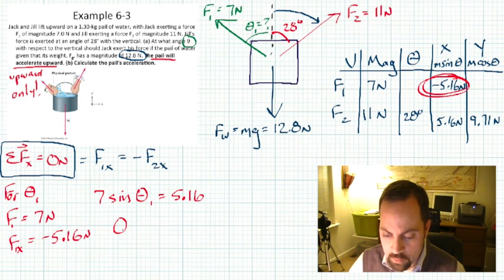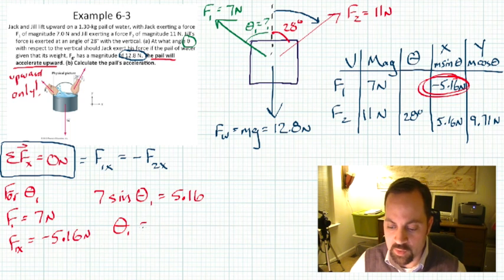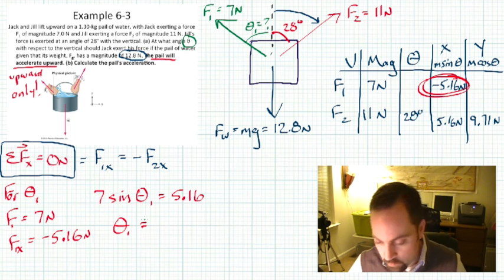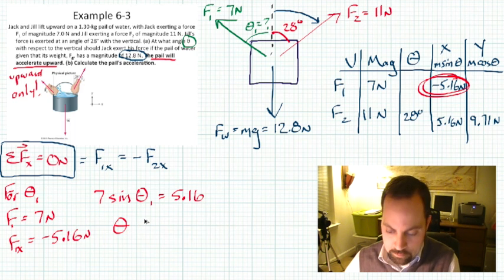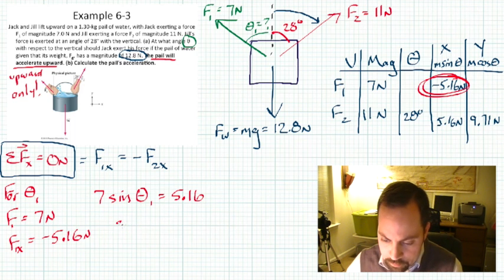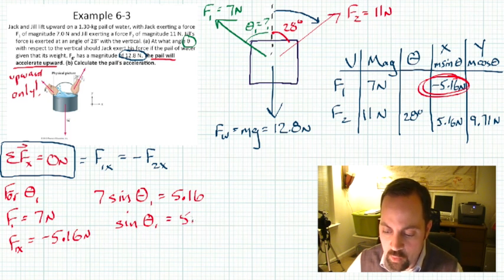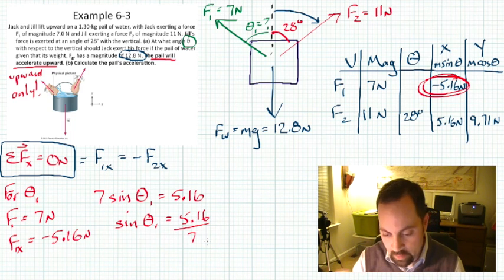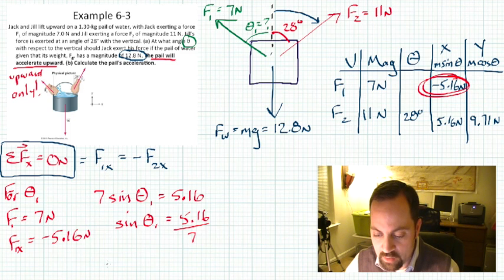So theta 1 is going to be, let me back up here. Sine of theta 1 is 5.16 divided by 7. And then, of course, to find theta, we just take the inverse sine of that.